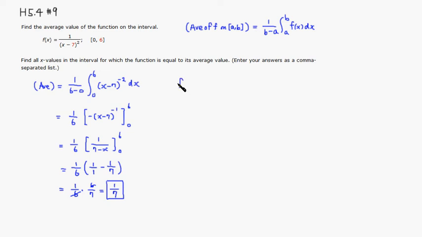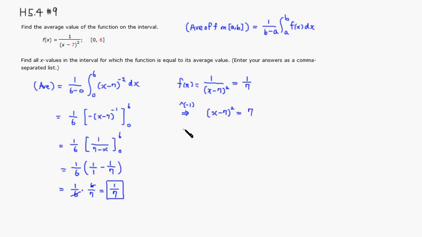So f of x, which is just 1 over the quantity x minus 7 squared, we set equal to the average value, which is 1 over 7. So let's solve that. First, I'm going to take the reciprocal of both sides. That way we have the quantity x minus 7 squared equal to 7.